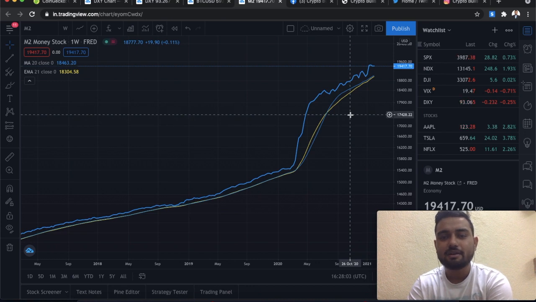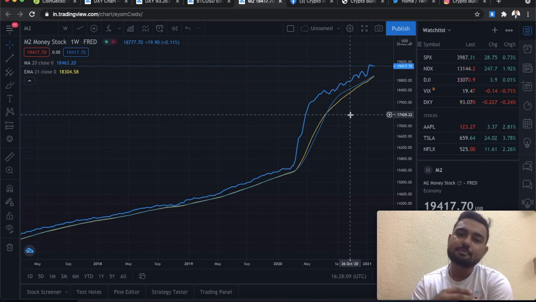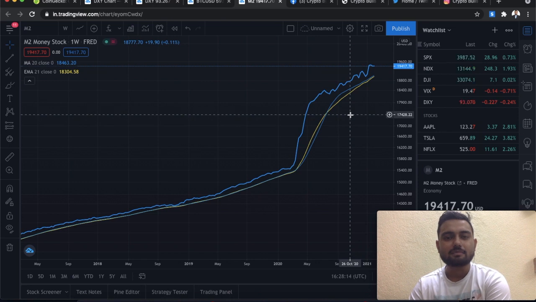And that is when holding cryptos becomes even more important, because money keeps on increasing, whereas for Bitcoin at least the supply is limited. We have an upper cap of 21 million, and there's a halving event going on. There's a cycle for the halving event where the supply is actually reducing.